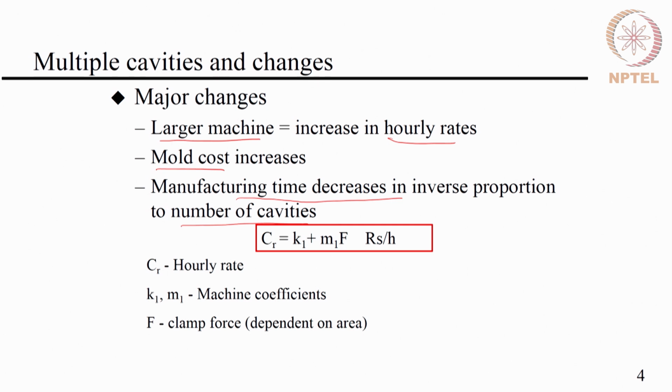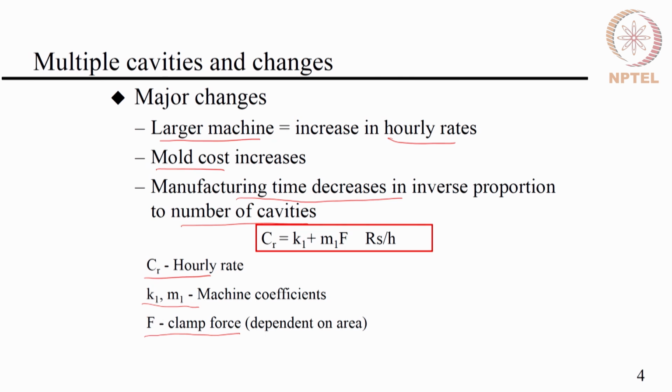A simple linear relationship between the hourly cost and the clamp force, and the different machine component coefficients, are given in this equation.